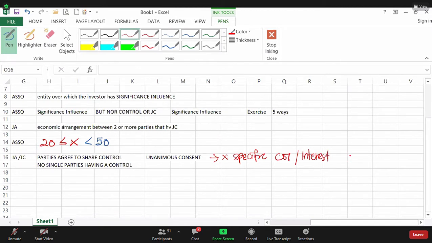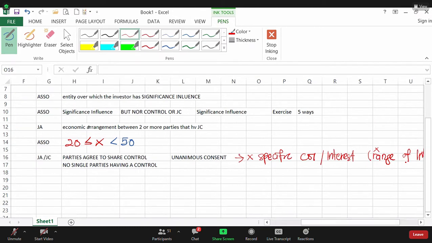It can be that way, but no specific, no minimum. You don't have a range of percentage of interest. So be careful. In other words, joint control can have any kind of percentage.